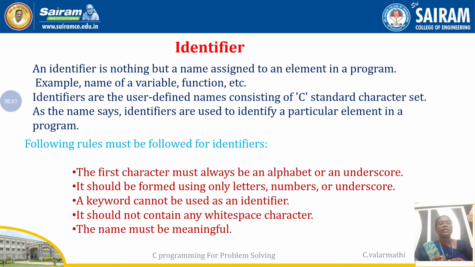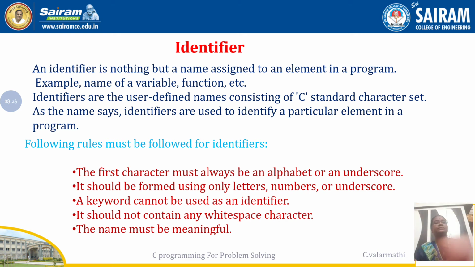And then the name should be meaningful. Obviously, when you choose a name, it should be analogous to your concept. So these are the rules which should be followed when you are giving a name for one element of the program, that is considered an identifier.